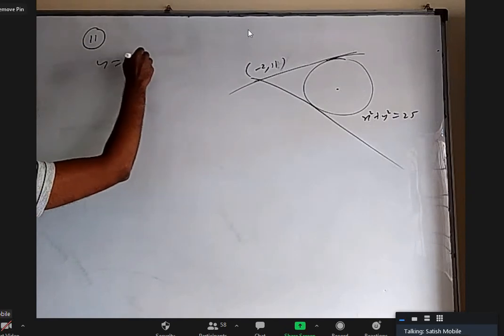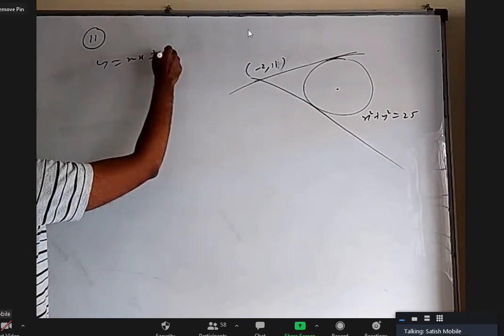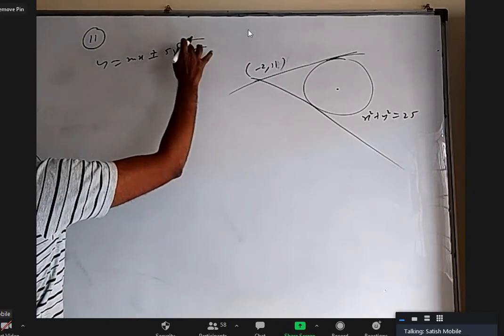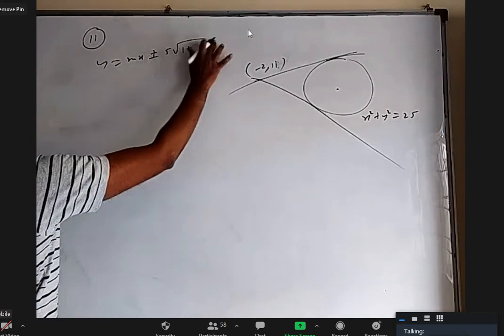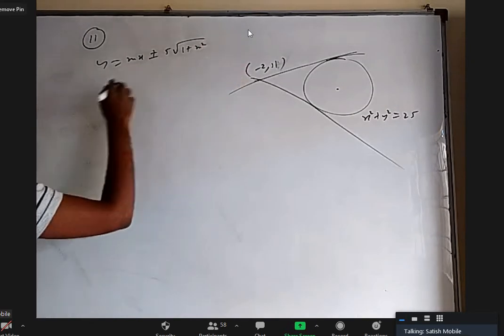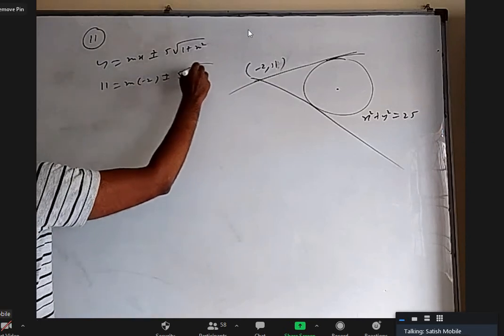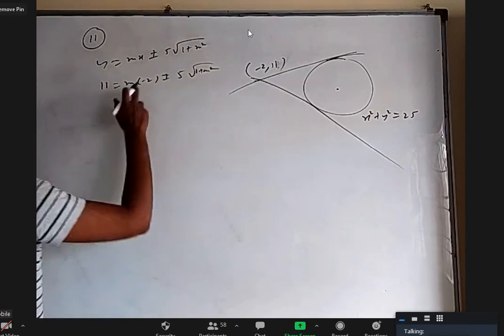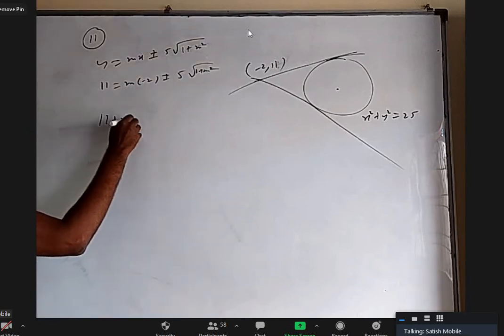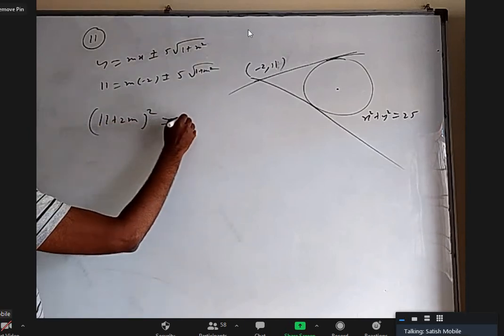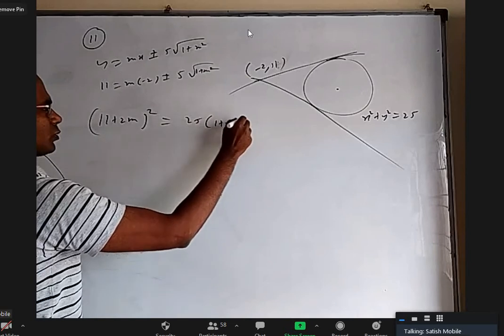y equal to mx plus or minus r root 1 plus m square. It should pass through (-2, 11). So 11 equal to m into -2 plus or minus 5 root 1 plus m square. Bring this side, we'll get 11 plus 2m, and square it, is equal to 25 into 1 plus m square.